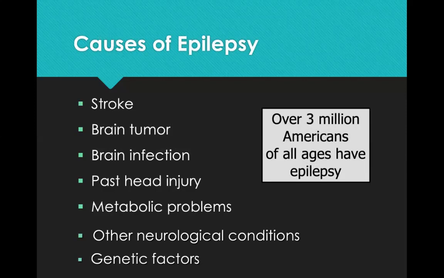Causes of epilepsy: it could be originally contracted because of a stroke, a brain tumor, an infection within the brain, some kind of past head injury, metabolic issues in general, or other neurological conditions. And there is a genetic component to it as well. Approximately over 3 million Americans of all ages suffer from epilepsy.